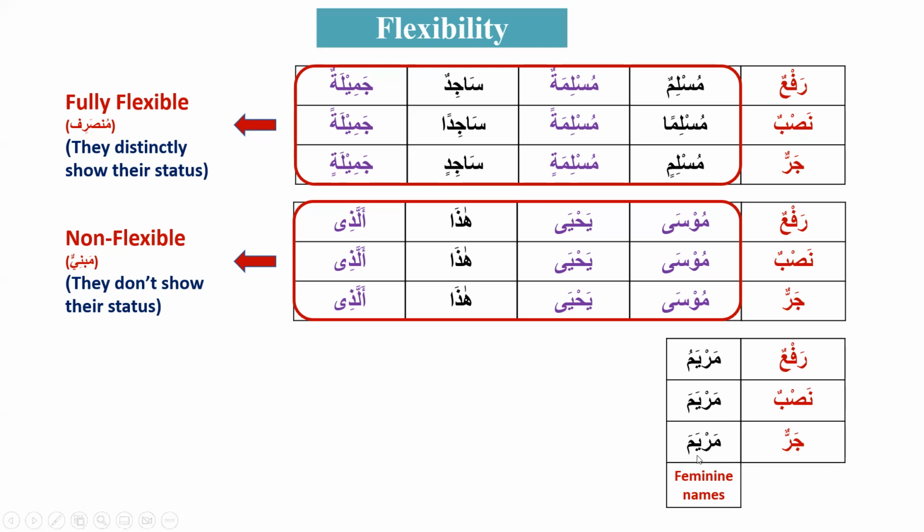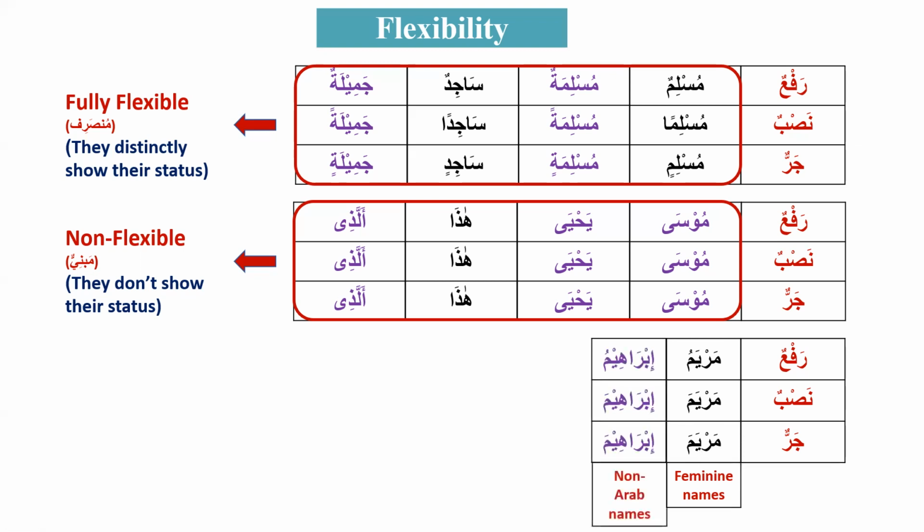All feminine names. The second category in these types of words is non-Arab names. Like Ibrahim. Ibrahimu, Ibrahima, Ibrahima, similar to Maryam. And you see again here, Ibrahimu will never be Ibrahimun. It will not take tanween. It will take zabar, single zabar, a fatha, and it will not take kasra. And non-Arab names.